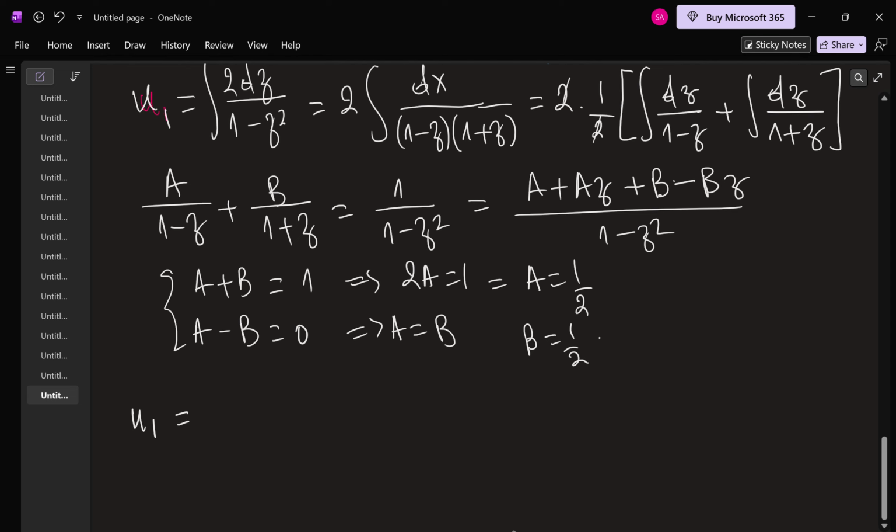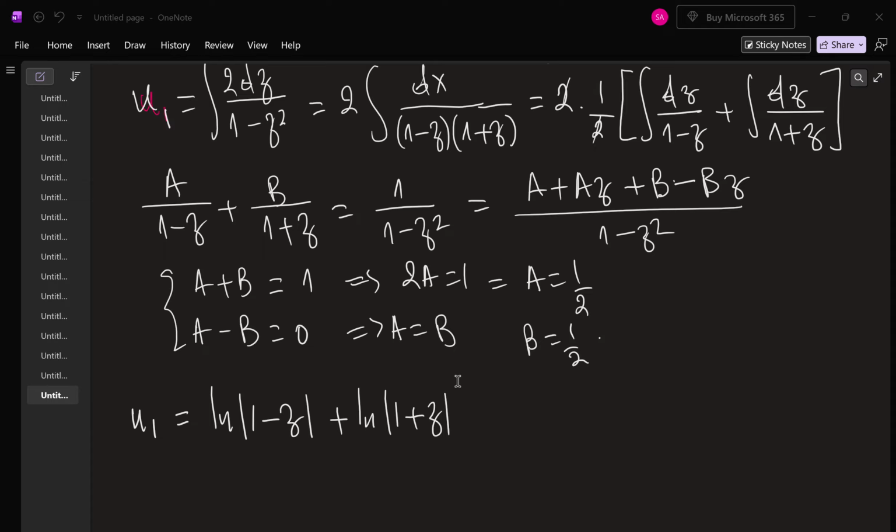So eventually u1 is equal to ln 1 minus z plus ln, did I make any mistake? Sorry, please check the calculations. I always make mistakes when I compute. No, it is correct.